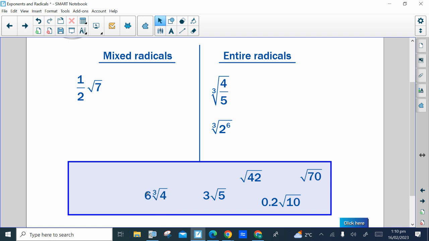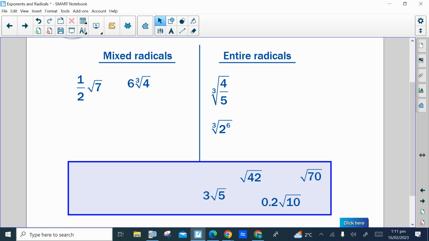What about 6 times the cube root of 4? Brooklyn Lorenz, mixed or entire? Because? That's right. And what's the coefficient? 6. There's a coefficient of 6. I'm glad you're not blind, Brooklyn. That would not be good.